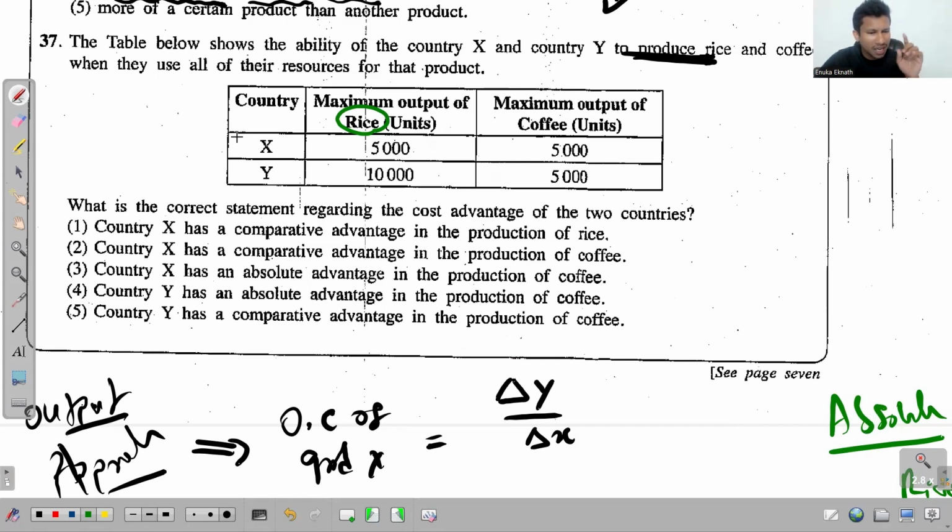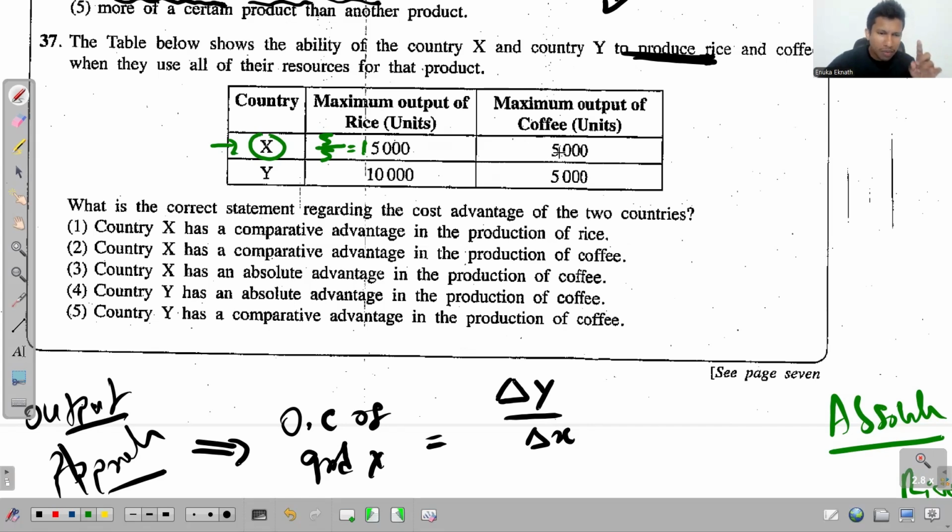Remember, in this table country X is on this side. You need to calculate the opportunity cost of each country for each product. If you mix up the two countries, we are finished right there. So when you calculate the opportunity cost of producing rice in country X, what do you do? Put the coffee value on top and the rice value at the bottom, and you receive 1, and that's the opportunity cost of producing rice.